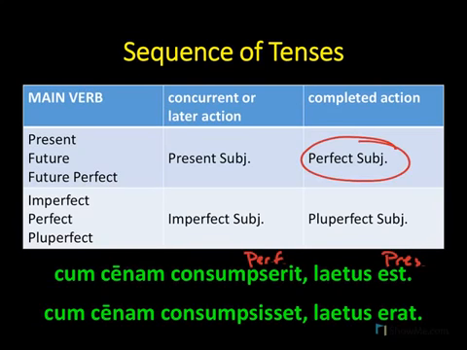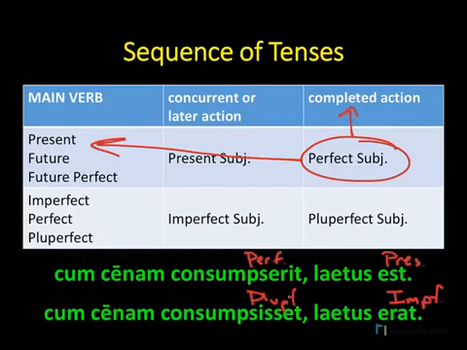We have a present or future main verb, specifically a present tense, and the perfect subjunctive therefore indicates a completed action. For our second sentence, cum caenam consumpsisset, laetus erat, we have an imperfect tense main verb, and we have a pluperfect tense subjunctive verb.